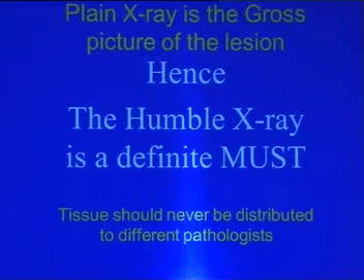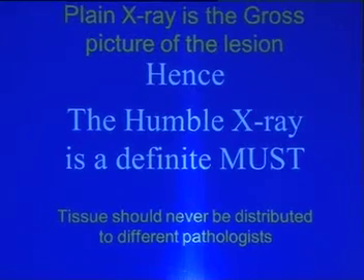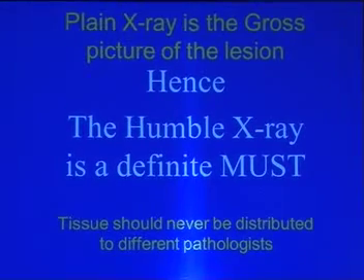So coming back to what has already been said by Dr. Letson, the plain X-ray is the gross picture of the lesion, and this was said by none other than James Ewing. The plain X-ray gives so much information, at least for me as a pathologist, more than what a CT and MRI would do. The humble plain X-ray is all that a pathologist would want to have, rather than thick folders of MRI and CT.